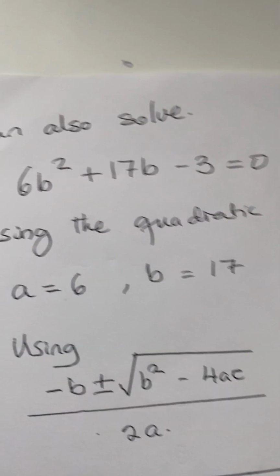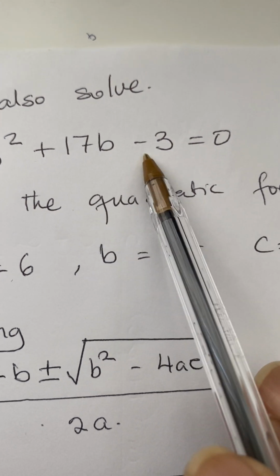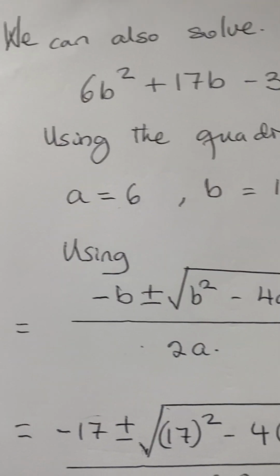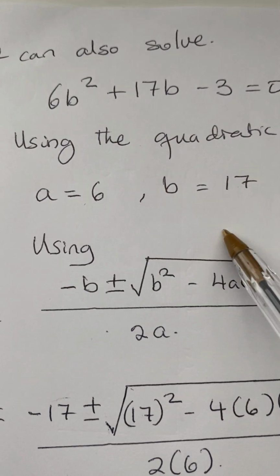Now if we use the quadratic equation, 6b squared plus 17b minus 3 equals 0. The quadratic formula, we substitute.